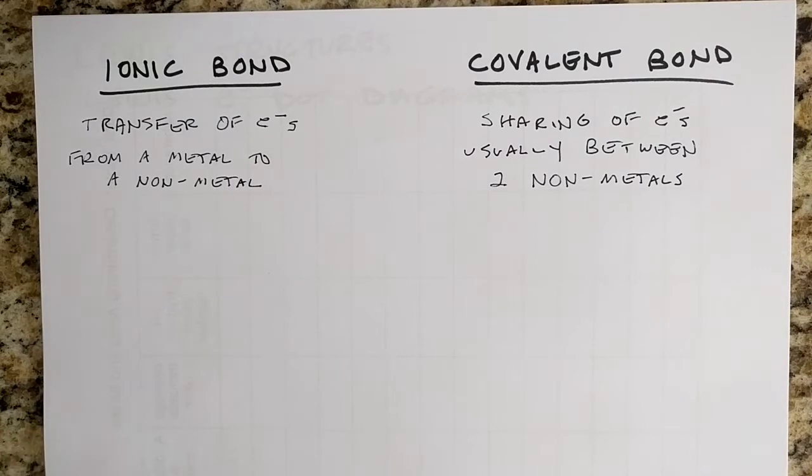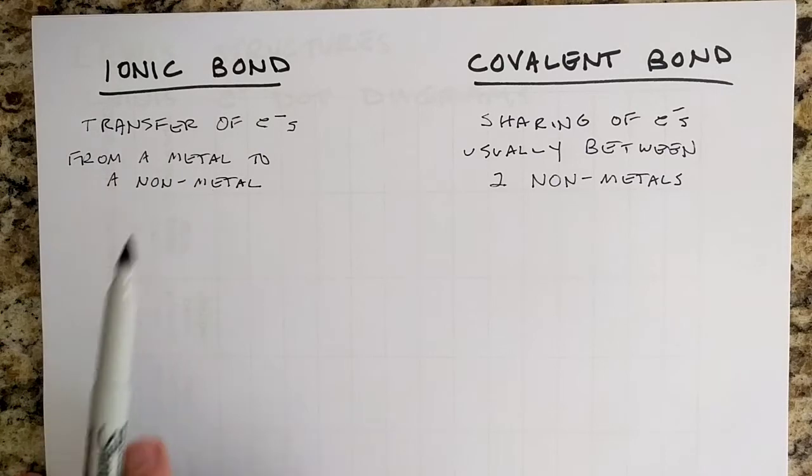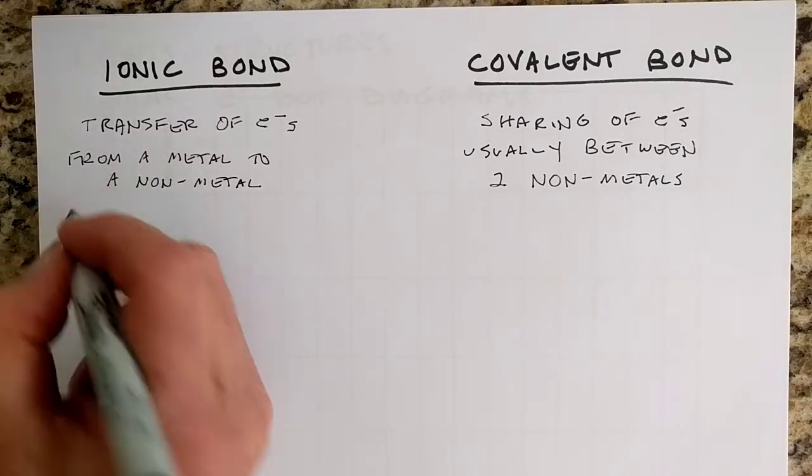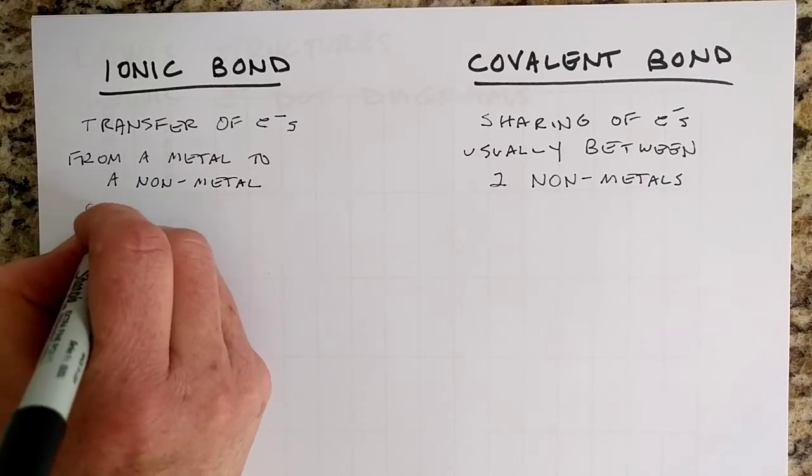To the left is a metal, except for hydrogen, and then to the right is a non-metal, including hydrogen. Okay, so for our ionic bond, we need a metal and a non-metal. So that means our elements are from opposite sides of the periodic table.